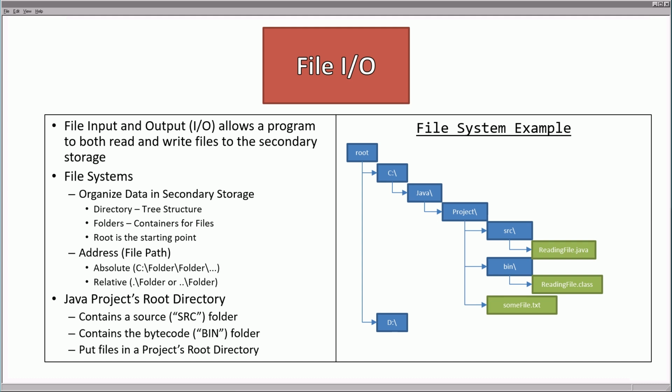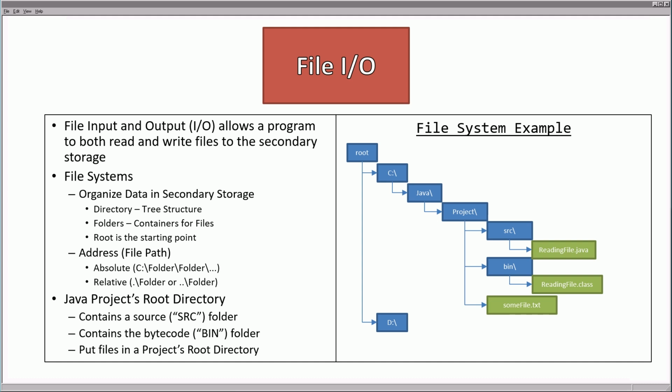In this course, we're going to be going over trees a little bit later on. But the thing to keep in mind is there is this parent and child relationship from one level to the next level. We have these containers, which we call folders, which are the things that hold files. The starting point of a directory is referred to as the root.